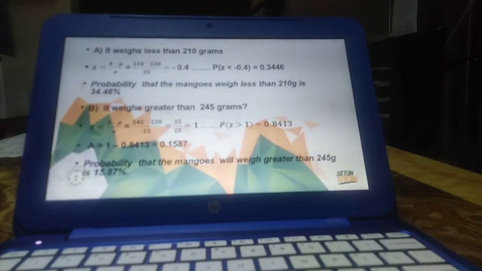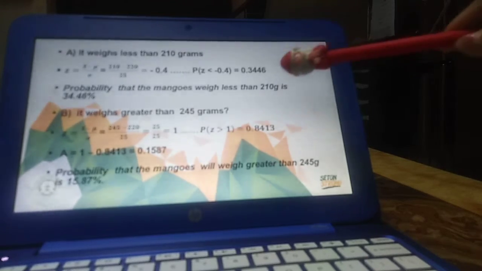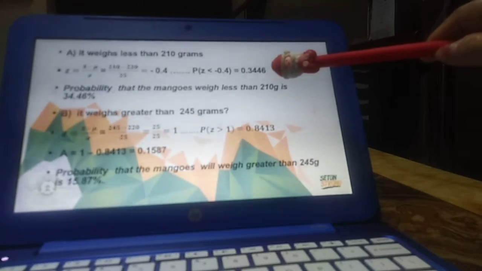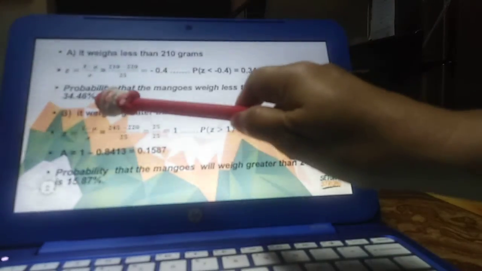Therefore, since we're looking for the weights less than 210 grams, the probability that the mangoes weigh less than 210 is 34.46%. This is the area. Since it's less than, we simply change this into probability or percent.